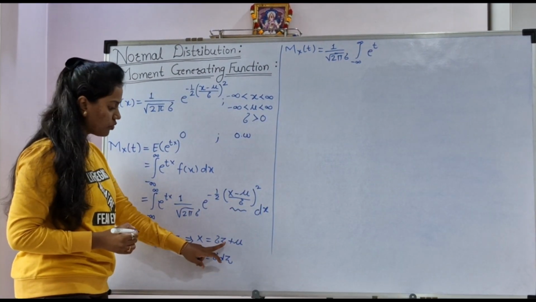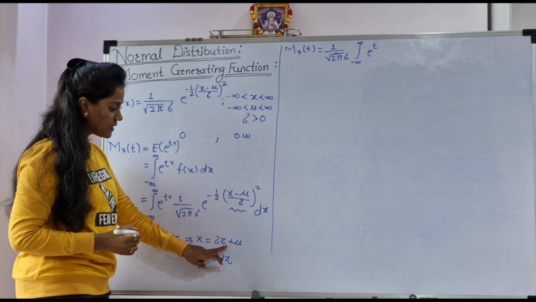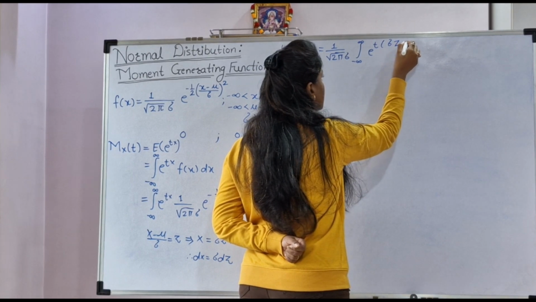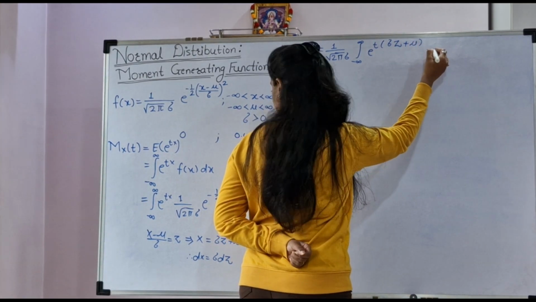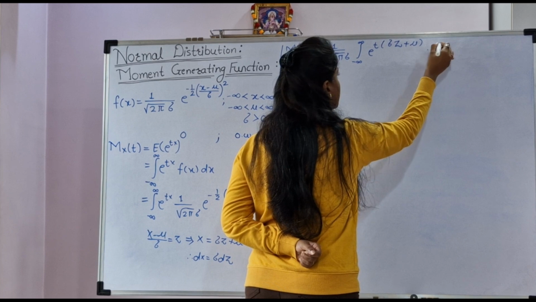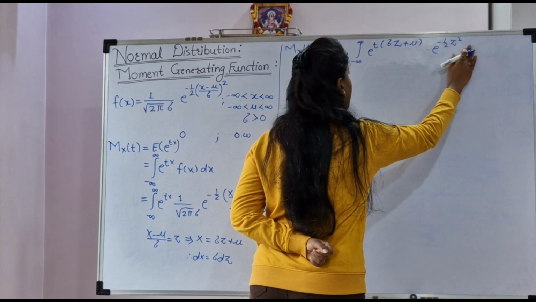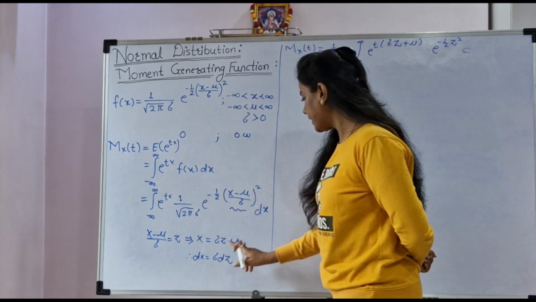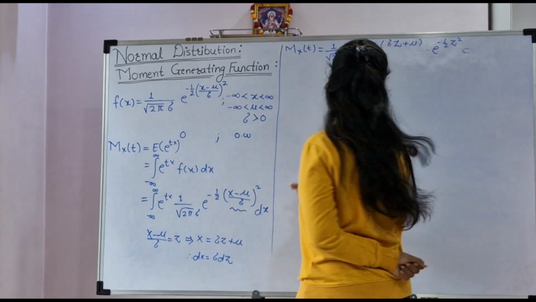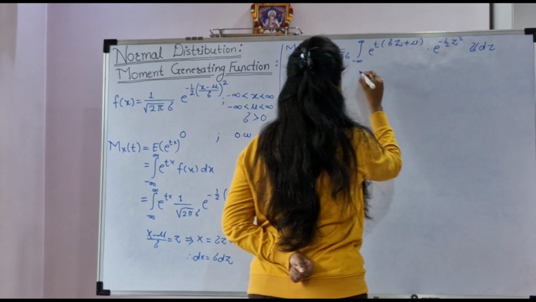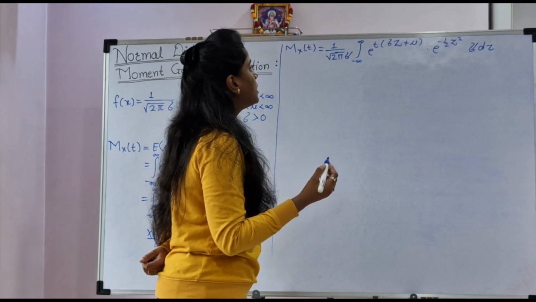Instead of x, we are going to substitute sigma z plus mu, into e to the power minus half z square, and now instead of dx we have to put sigma dz. This sigma will get cancelled.